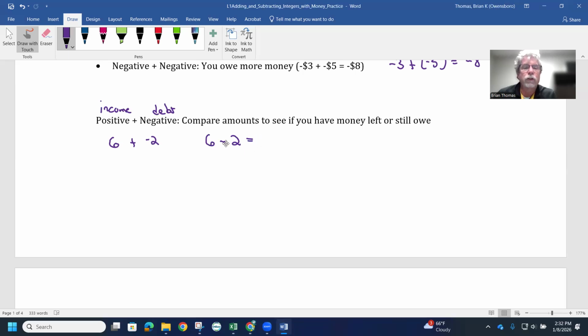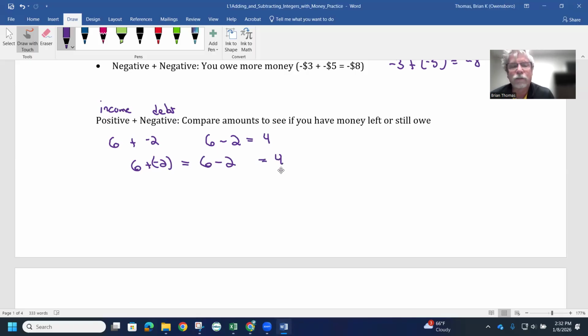So if I have $6 and I remove $2, notice that that's going to result in $4 left over. So notice that 6 plus -2, sometimes I'll put that in parentheses, sometimes I won't, is the same thing as 6 take away 2. Either way we do it, our result in the end is going to be $4, but notice that that's $4 that we still have.